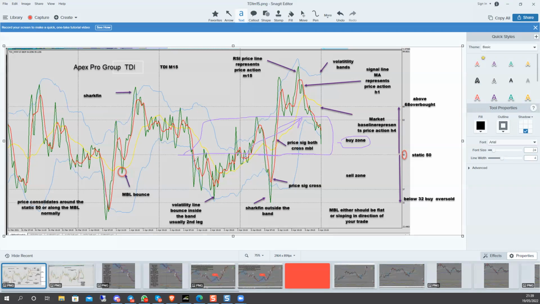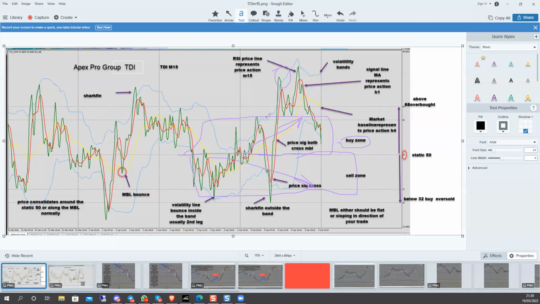When we are below the 50 down to the 32, before we get too oversold, we are in the sell zone and should be going down. When price reaches the other side, up above the 68 at extreme levels, this is often a sign to exit, or can be a sign of reversal once price comes back inside the bands.